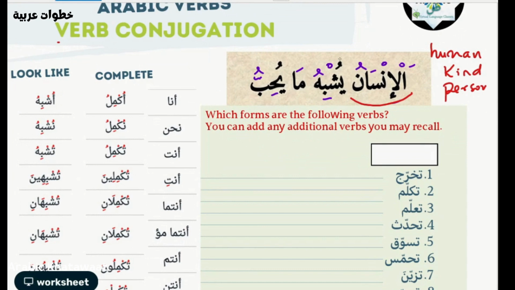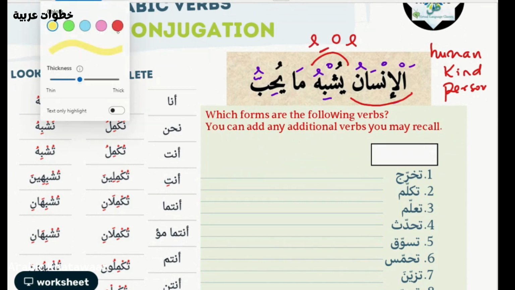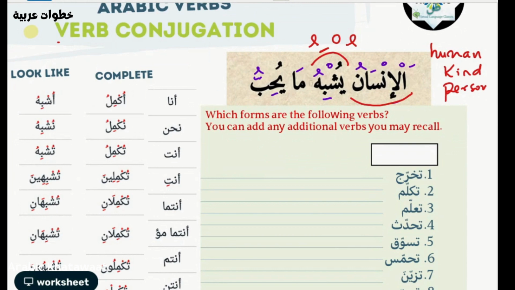Looking at yushbih, I have this code over here with dhamma, you can see it, with sukun, with kasra, and with another dhamma. And some students might confuse the ha, this ha over here, with like his.